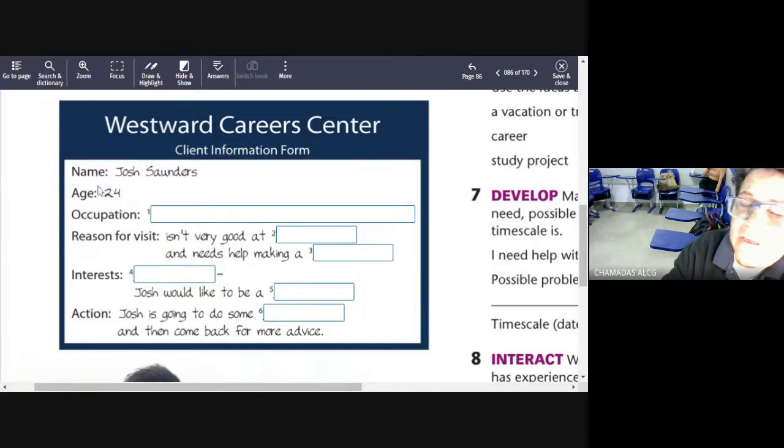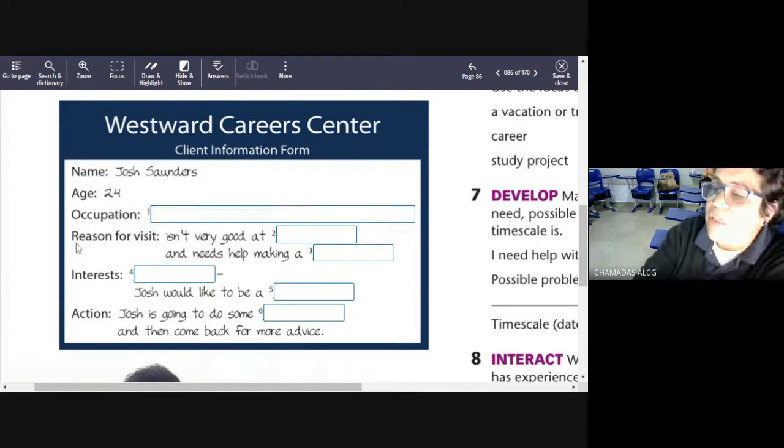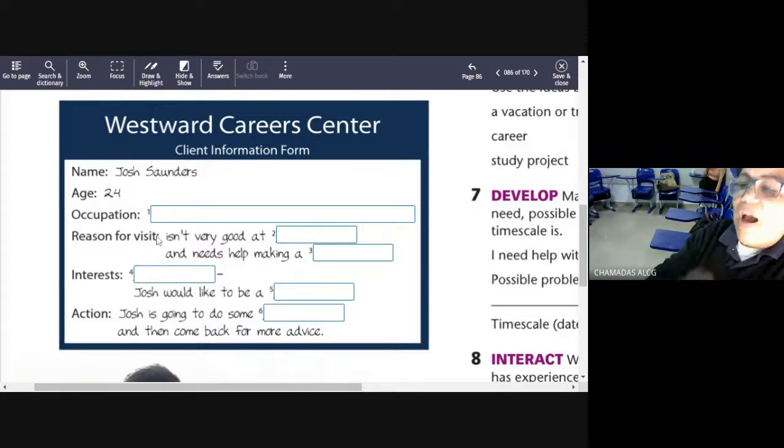He's super young, 24, right in the beginning, right? So occupation, now current occupation, reason for visit. So why is he there? Why did he decide to talk to his friend? He isn't very good at and needs help making a.